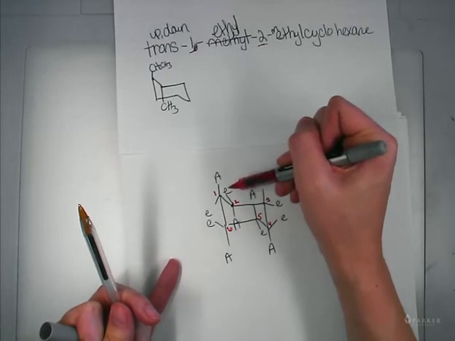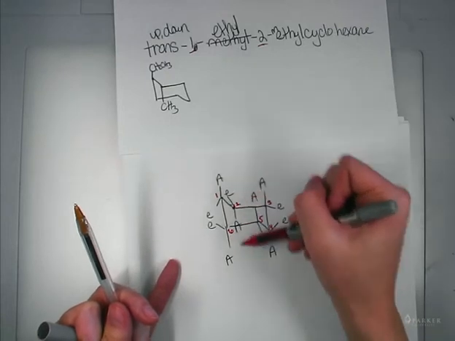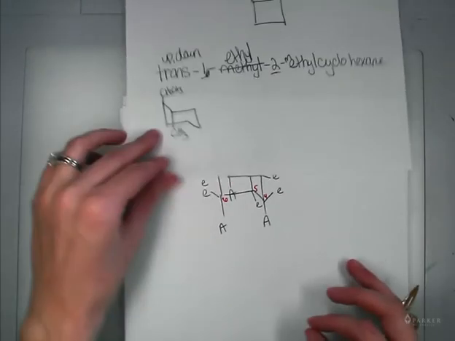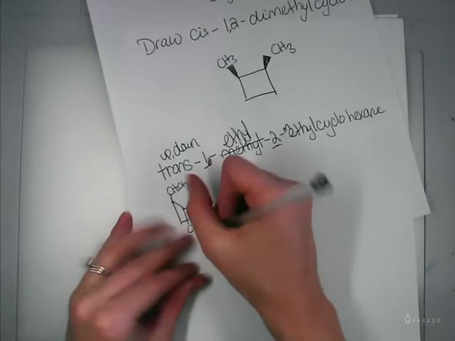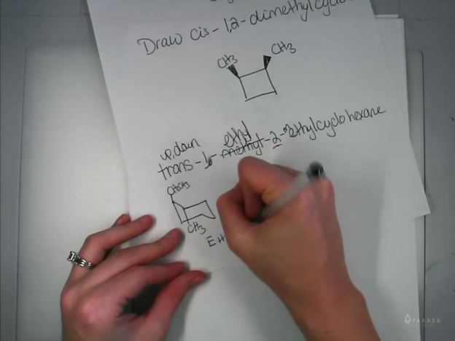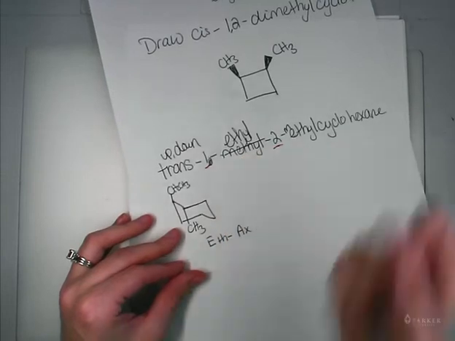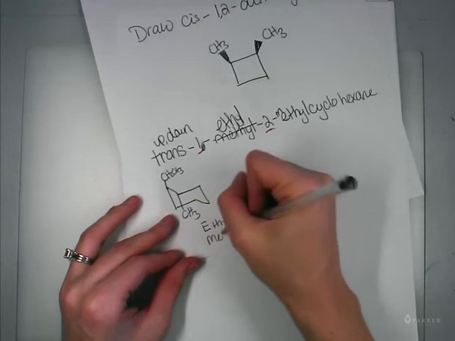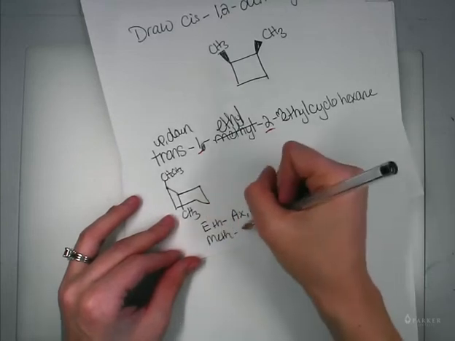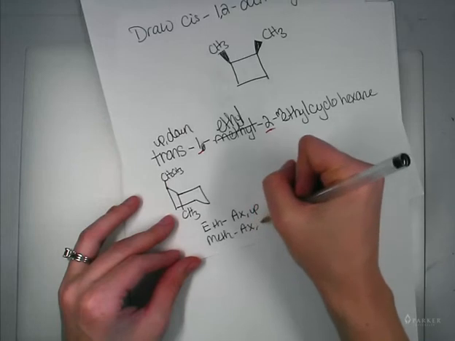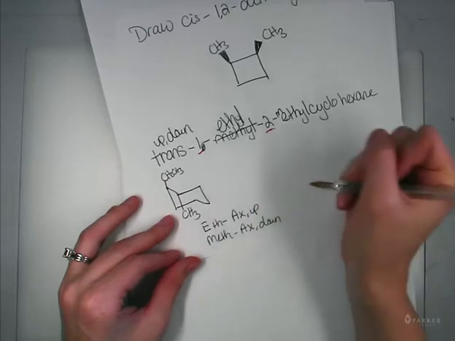So in carbon 2, which one's going down? Axial or equatorial? Axial. Okay, so let's see what we have here. We have an ethyl that is axial up, and then we have a methyl that is axial down.